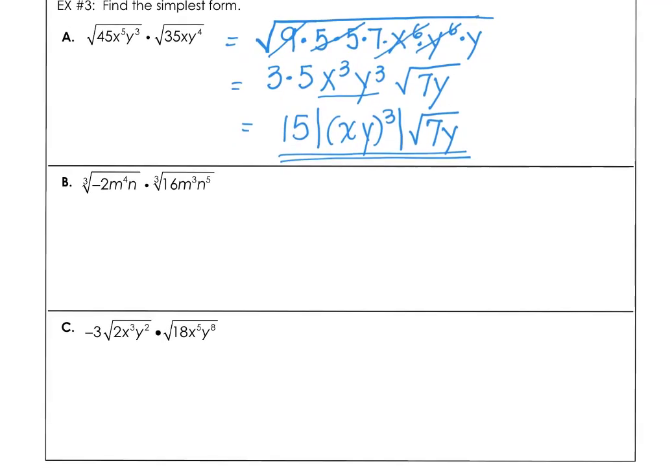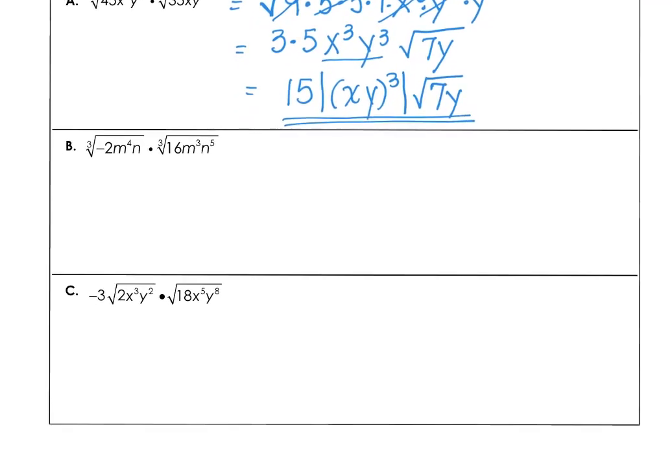In part B, it's a cube root. And for cube roots, we're going to think about the cube root of -2 times 16. So let's think about that as, let's see, we've got a -1 and a 2, and 16 can be 8 times 2.